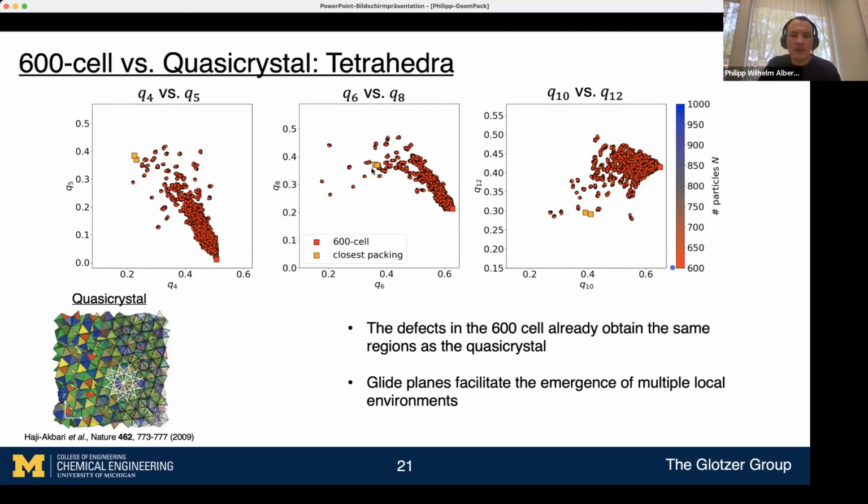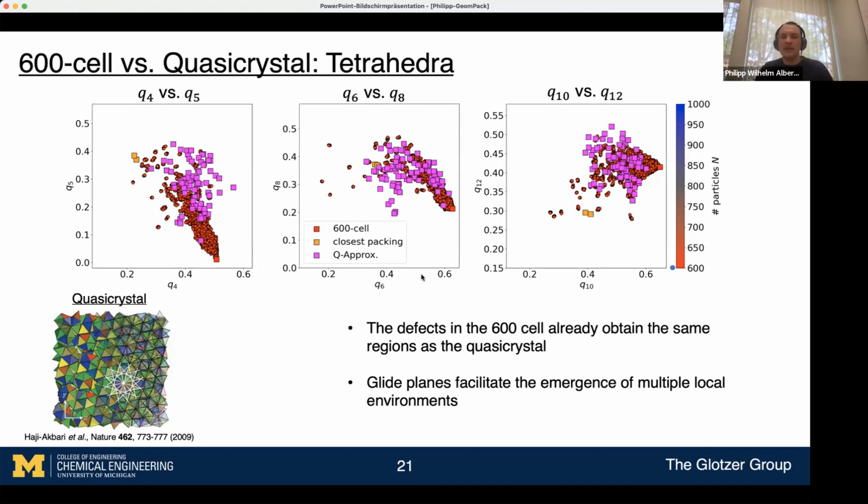And if we look at these vacancies in terms of this Steinhardt order parameter local environment diagram here, we can see that they go from the perfect 600 cell towards their closest packing, but they really nicely fit with the local environments of the quasicrystal.